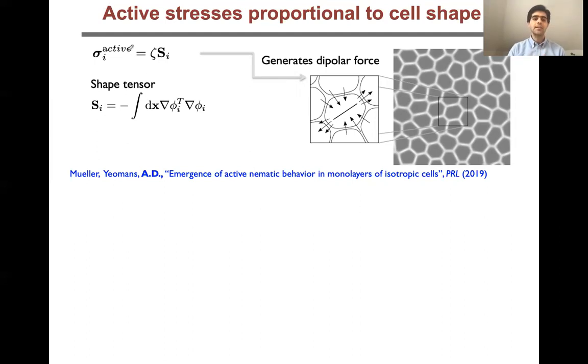The active stress is proportional to this shape, meaning that if there is a little elongation, there will be some kind of a bootstrap effect that would reinforce itself and would elongate the cell further. That would be the source of activity that would then elongate the cells that are in contact with this cell, and that would drive the dynamics. This is the most simple way of considering the activity in the phase field model.